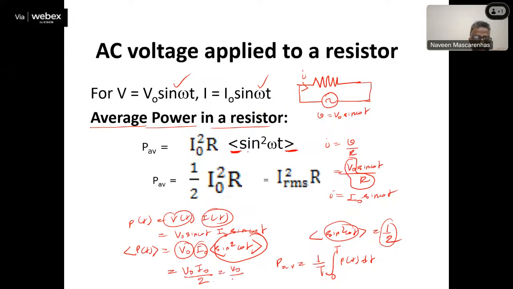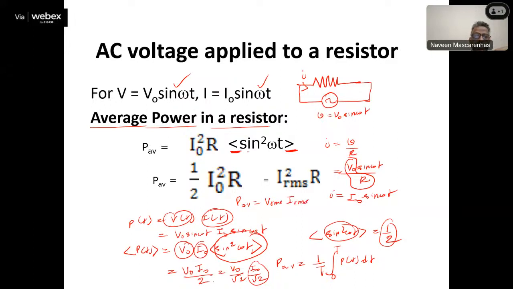This can be written as V0 by root 2 and I0 by root 2. Let me know what is V0 by root 2. It is VRMS. And I0 by root 2 is IRMS. That means P average is equal to VRMS into IRMS.